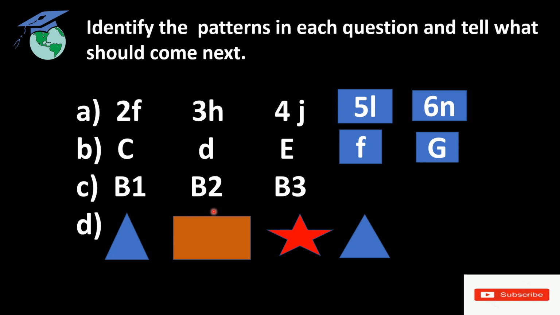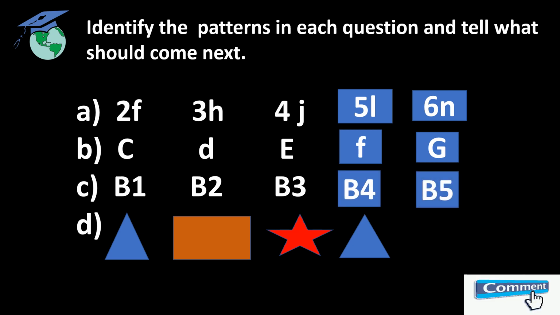That means we have to go forward, but the alphabet will remain the same. So let us count. After 1 is 2, after 2 is 3, after 3 is 4. And what we will write before 4 is capital B. So B4, then next is B5.